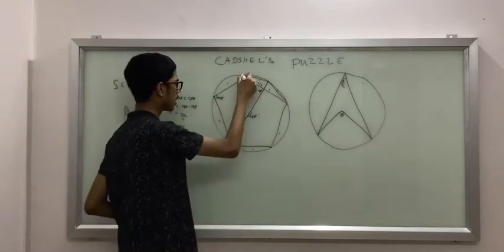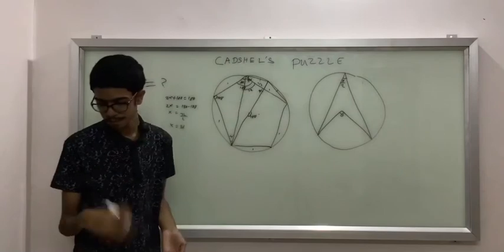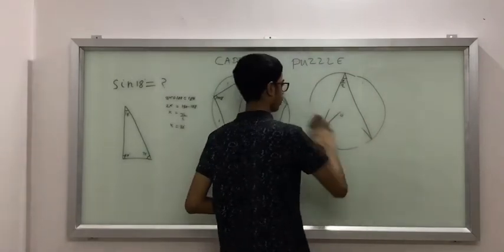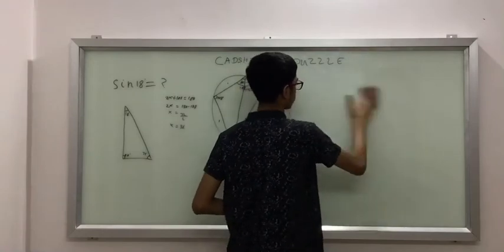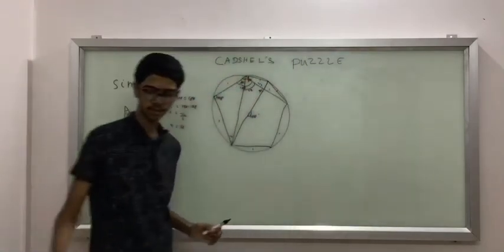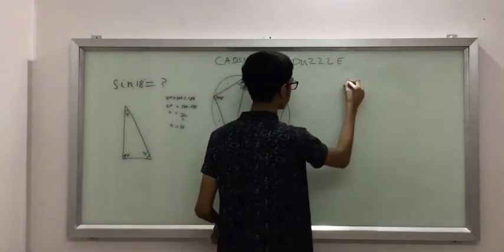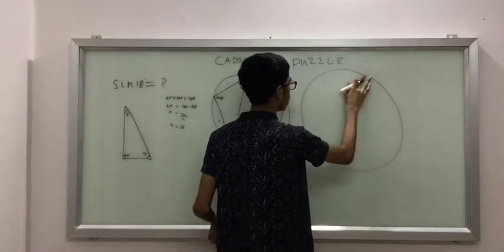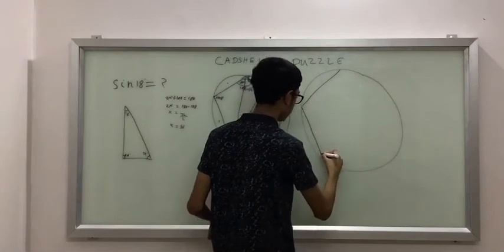Now what is this length? That means the length of the diagonal. I'm drawing this. Okay, for this length, take a circle, again draw one regular pentagon.